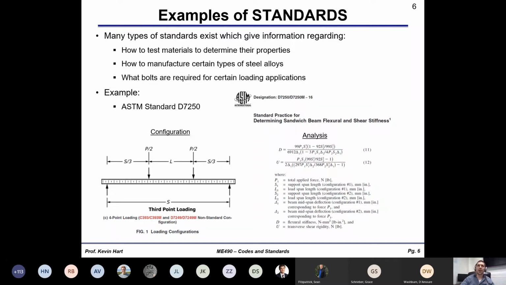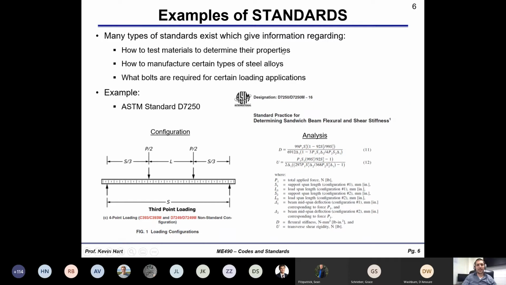These aren't necessarily laws or codes which you have to adhere to, like what we talked about previously for codes, but standards are so helpful and useful in your design because the more you employ them, the less liability you're going to have, and the less digging around you're going to have to do to find what specific bolt you need. If you just say it adheres to the standard, away you go.